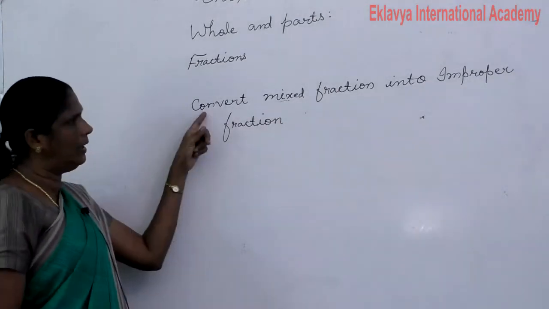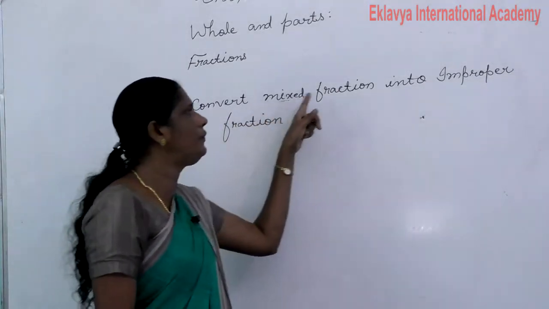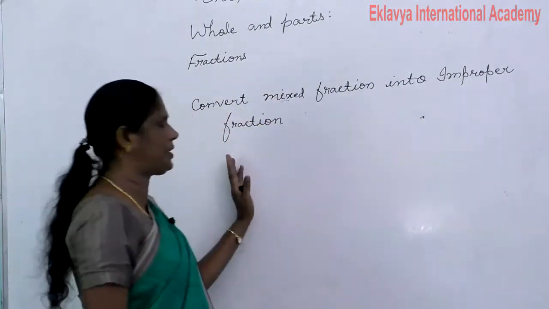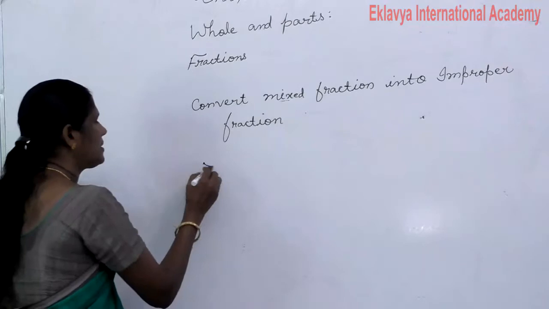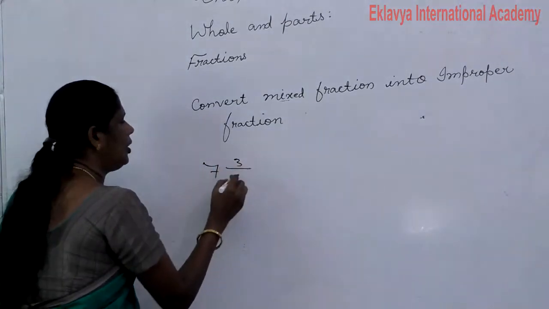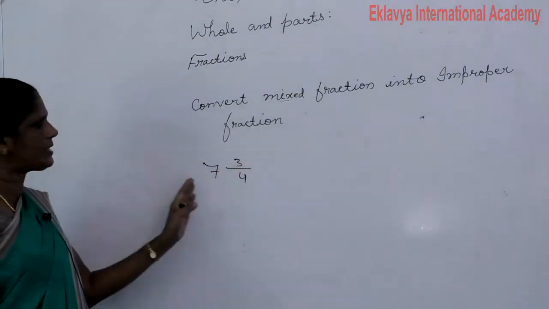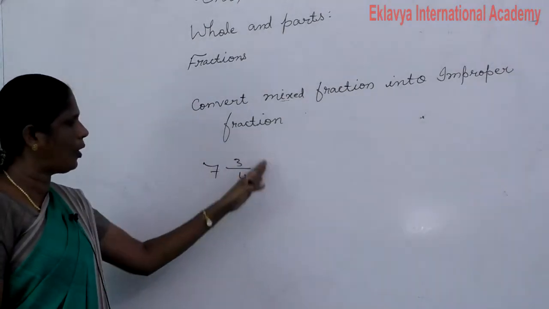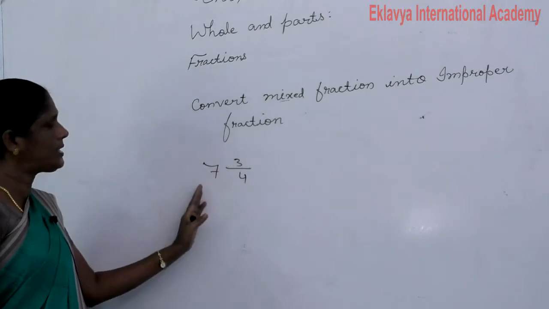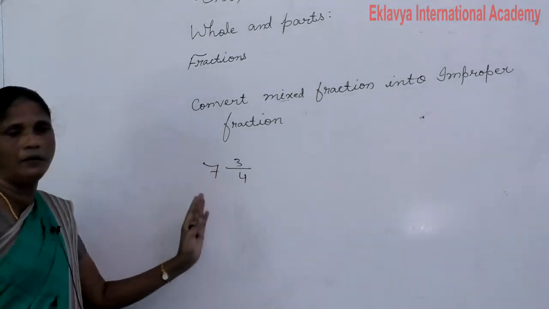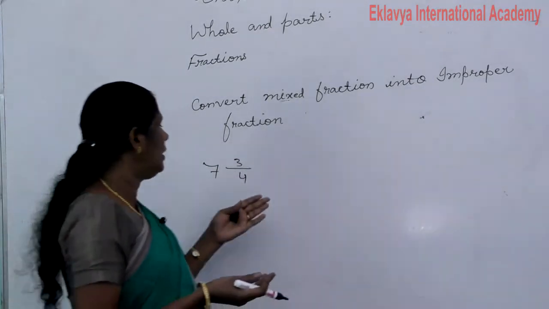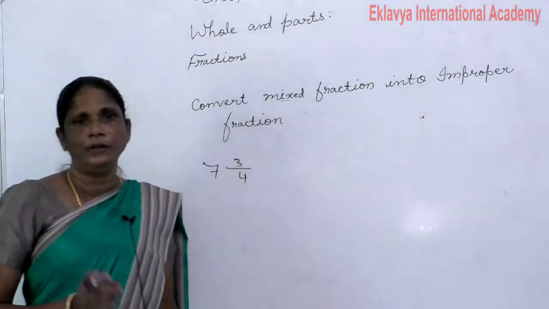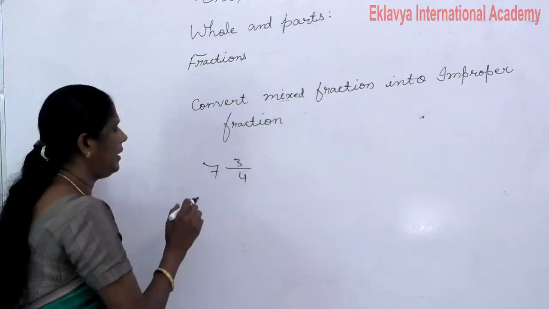Question: convert mixed fraction into improper fraction. Here 7 3 upon 4. This is a mixed fraction, a whole number and a proper fraction. This fraction we convert into an improper fraction. There is a formula.